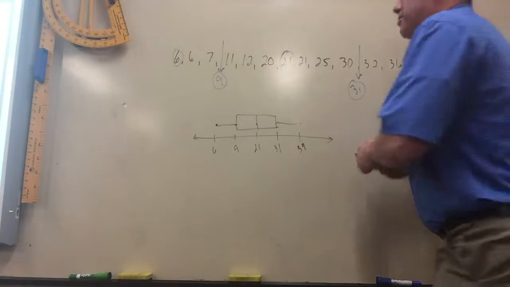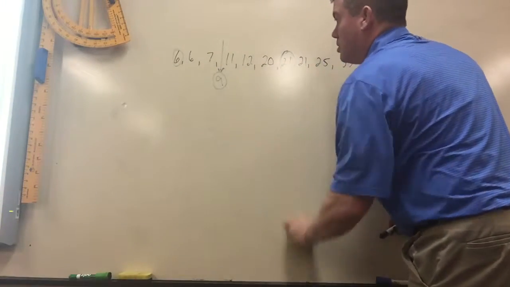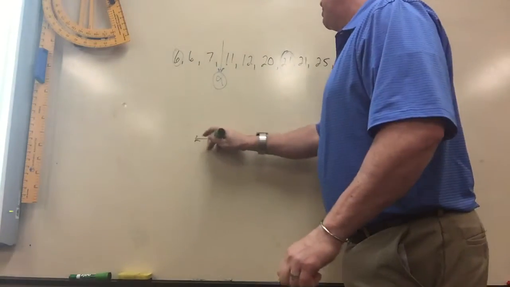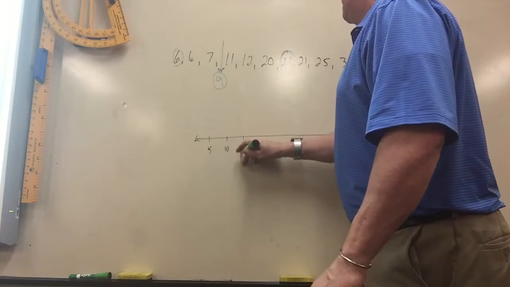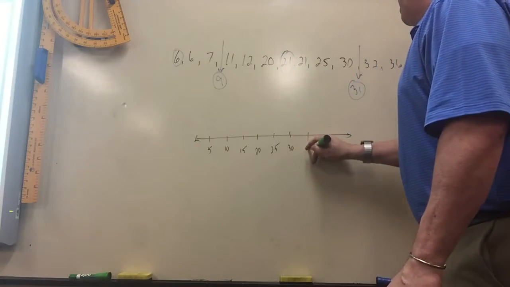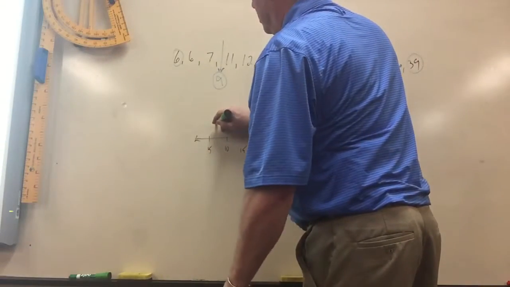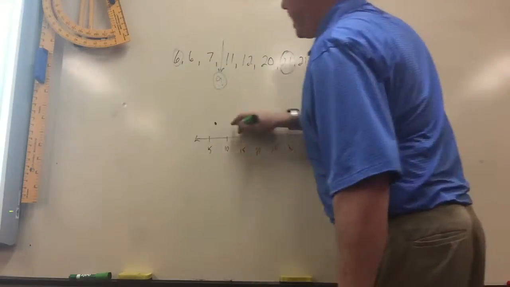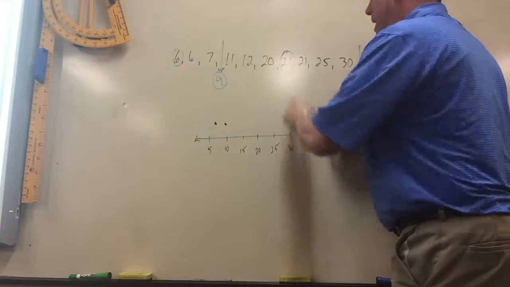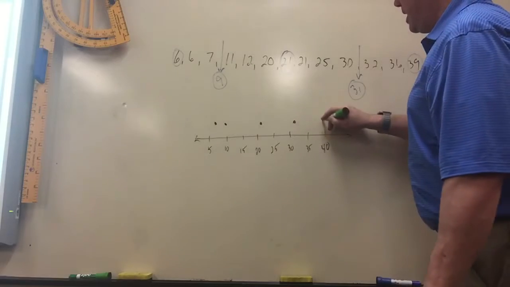Okay? So you have to make your number line with you jumping the same amount each time. So I want to go from 6 to 39. I'll maybe just go by 5. Start at 5, 10. So I need a dot at 6, a dot at 9, a dot at 21, 31, and 39.